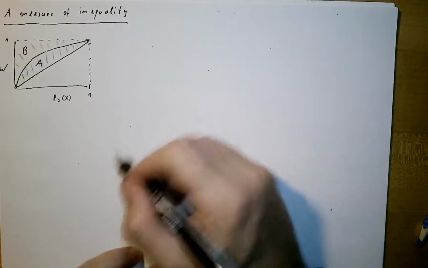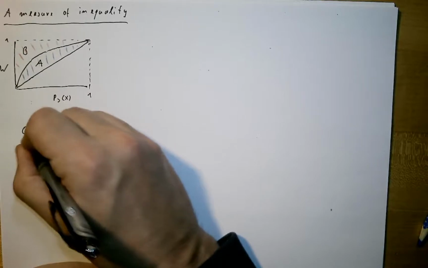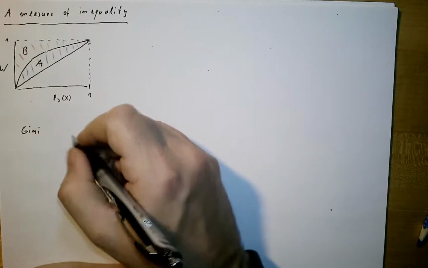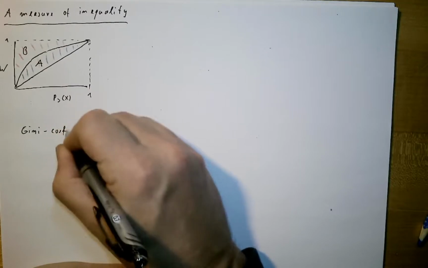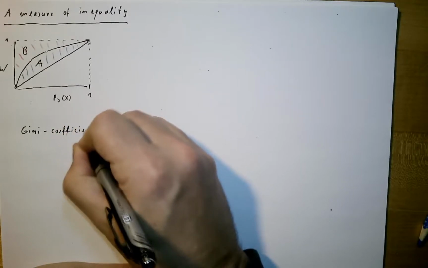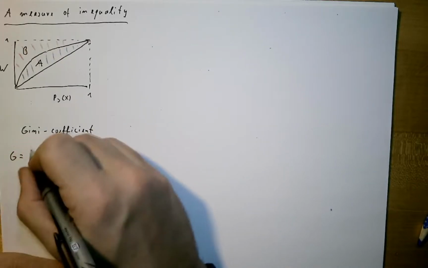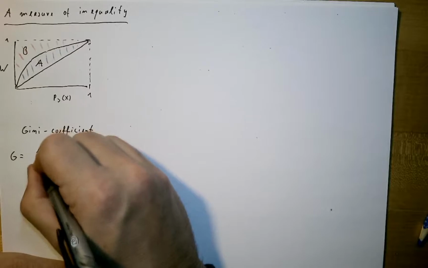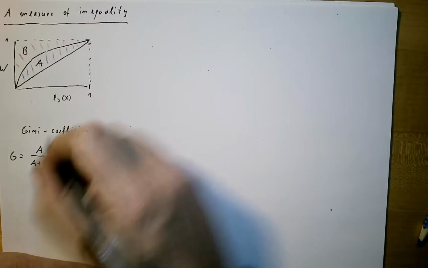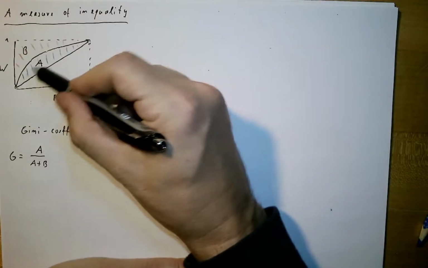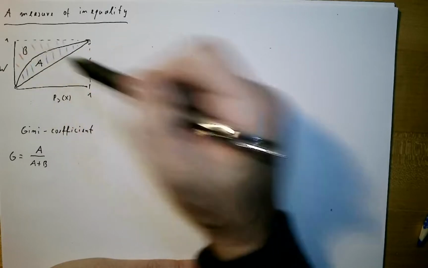And then Gini said, okay, we have the Gini-coefficient, it's now called after him. G equals the fraction of A divided by A plus B. So the fraction of the blue curve divided by the whole fraction that's possible.